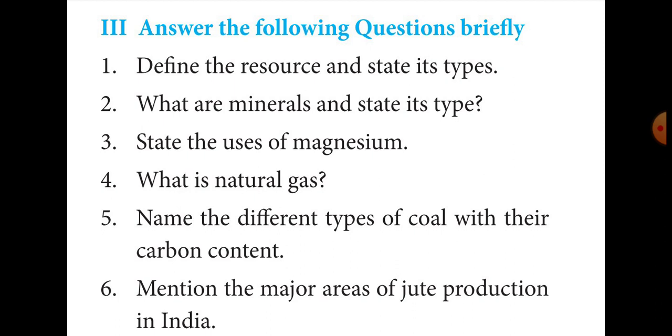There are four types of coal given: anthracite 80 to 90%, bituminous 60 to 80%, lignite 40 to 60%, peat less than 40%. You mark it, that is the answer. The fifth question's answer is on page 174, the classification of coal.